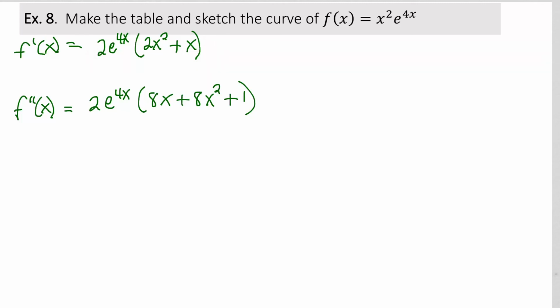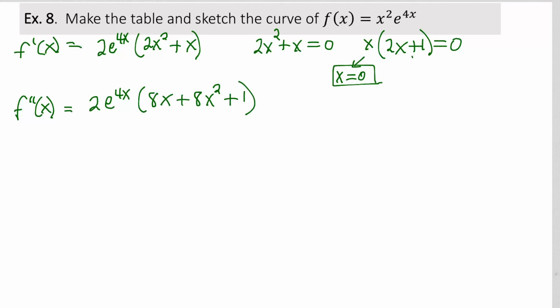So 2x squared plus x equals 0, or x times 2x plus 1. And then I can see I'm going to have x is equal to 0. And I'm going to have x is equal to negative 1/2. So I have those critical values.